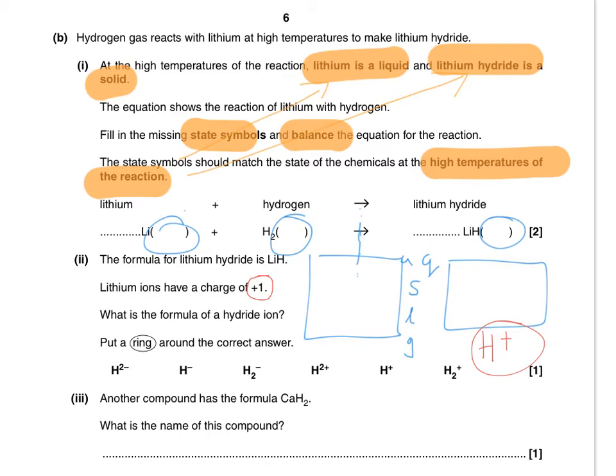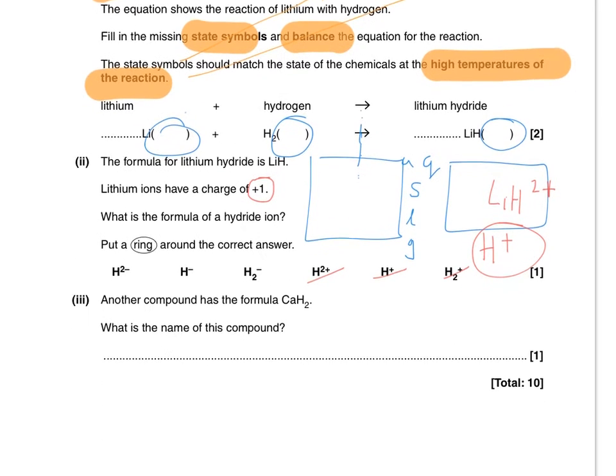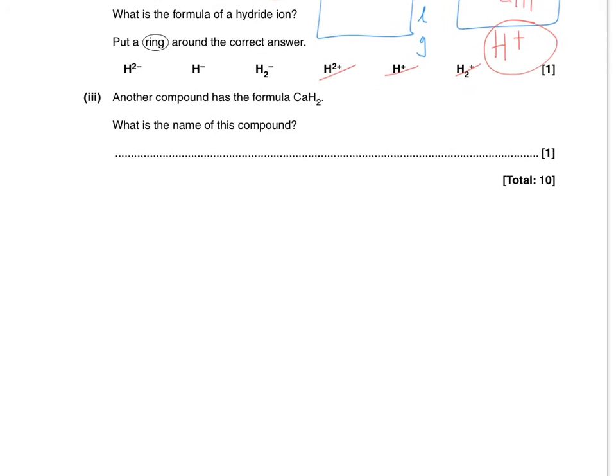So if that was the case, if both had plus charge, it would be LiH2+, which wouldn't really be a thing. So it's got to be something different to that. So we'd probably get rid of any of these positives, and then we'd have to choose something that seems reasonable from the negatives. Remember, we want to make the charges overall equal out.